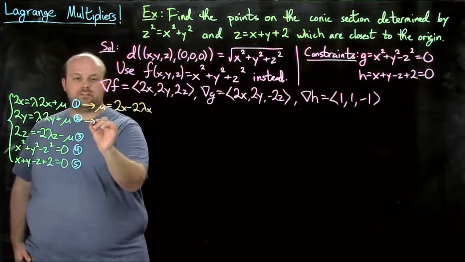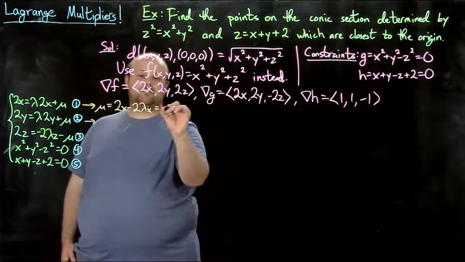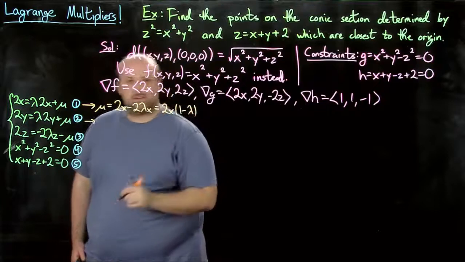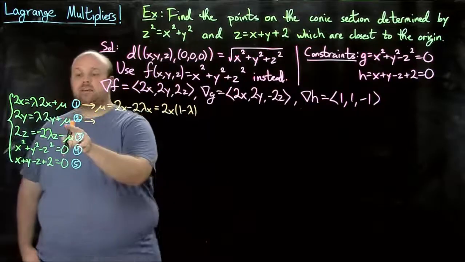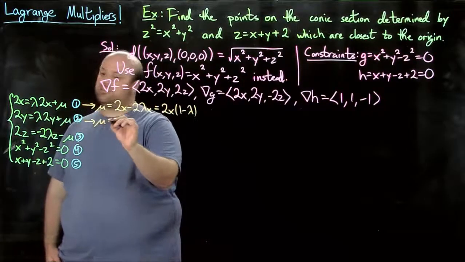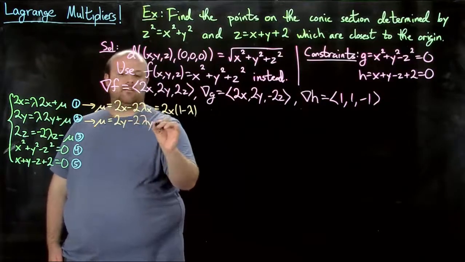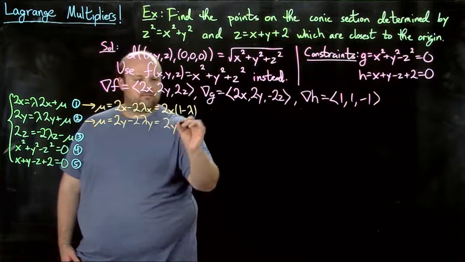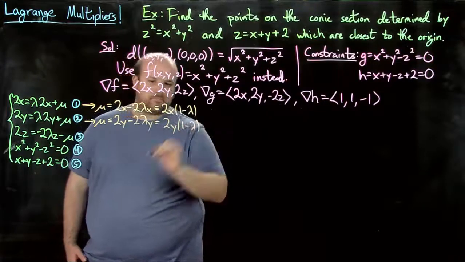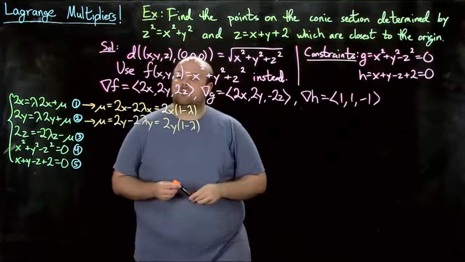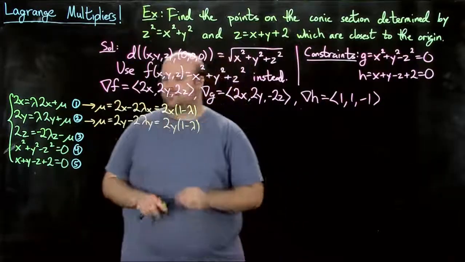In equation 2, and actually we can factor this, we can factor out the 2x and get 2x times 1 minus lambda. Here we can solve for mu just the same: 2y minus 2 lambda y, and of course that factors again.